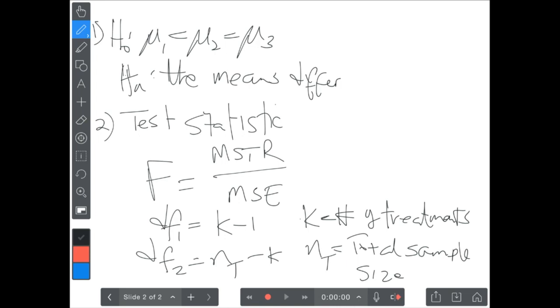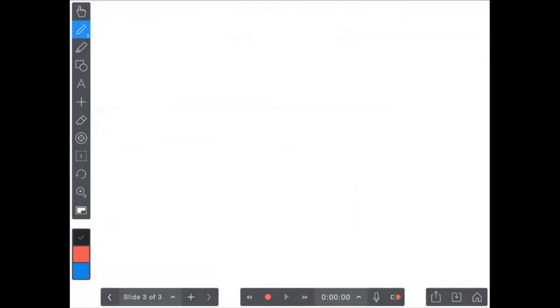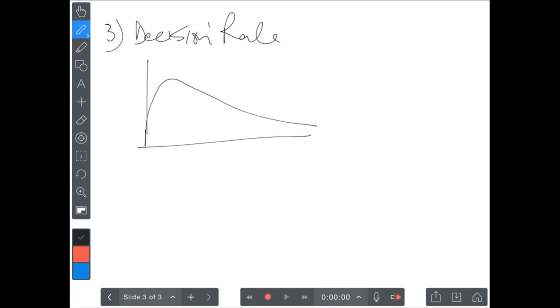Okay, so that's step 1 and that's step 2. Step 3, we need a decision rule. The F distribution actually kind of looks like the chi-square distribution. It is skewed, and it's always a right tail test for us.